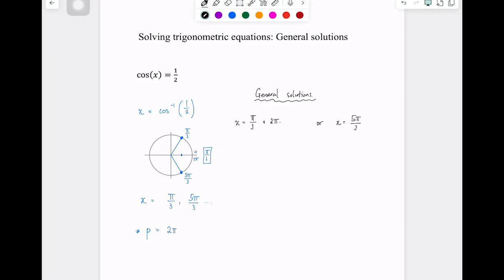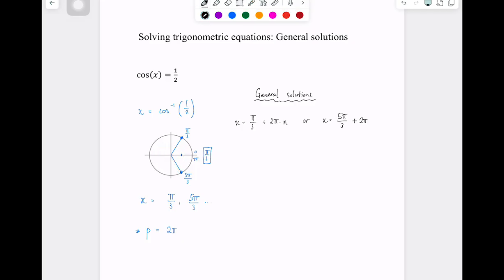So we're going to introduce an integer, or a whole number, which is n. Now n can be any whole number. It could be any negative whole number, it can be 0, or it can be any positive whole number. We'll investigate what that looks like soon. Same with 5 pi on 3. If we want to get to the same position as 5 pi on 3, but go in the positive direction, we will add on 2 pi.